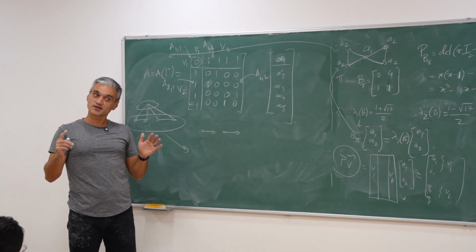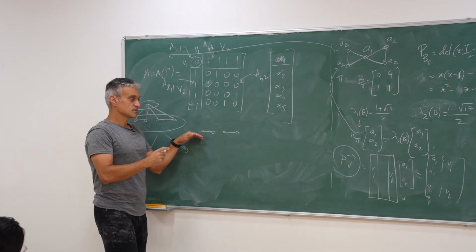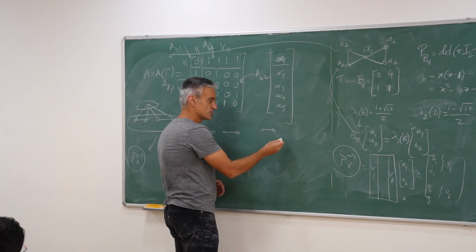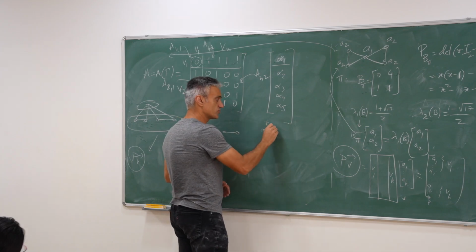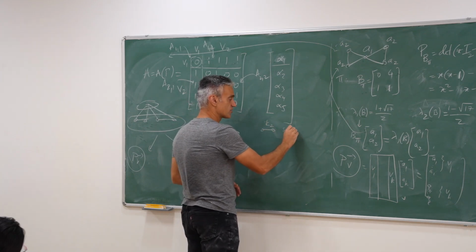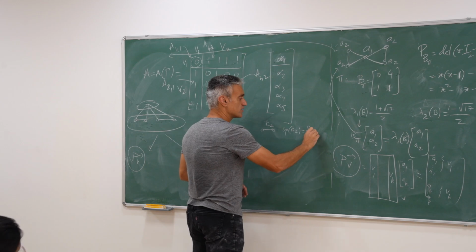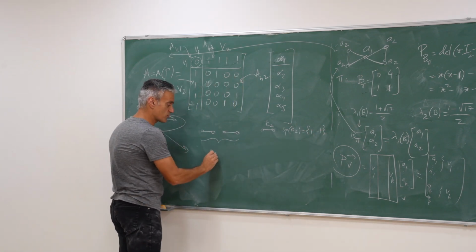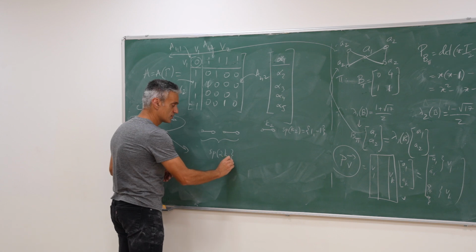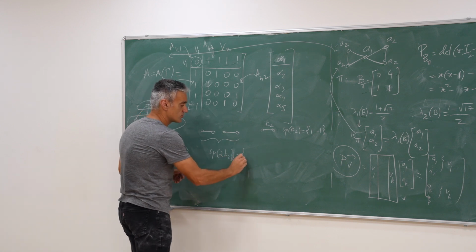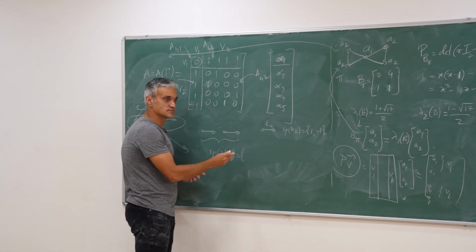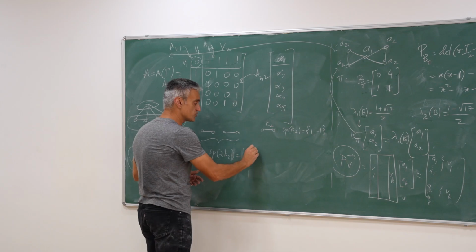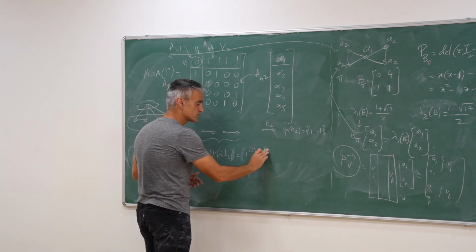Well, there's going to be another 1, because here we have the complete graph by itself. What is the spectrum of K2? 1 and minus 1. And here we have the spectrum of 2 K2s. So it's going to be 1 with multiplicity 2, and minus 1 with multiplicity 2.